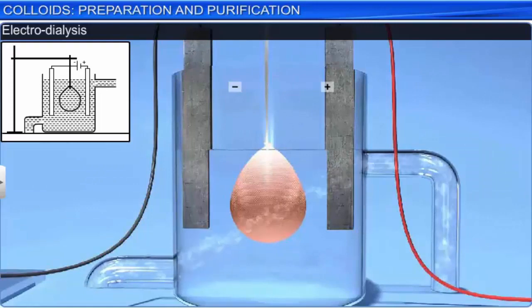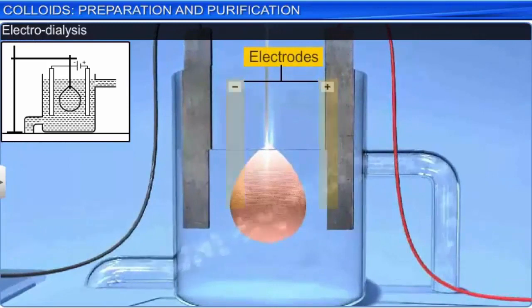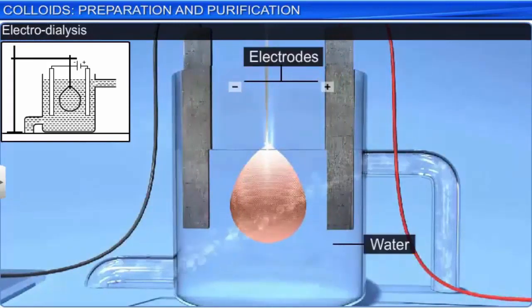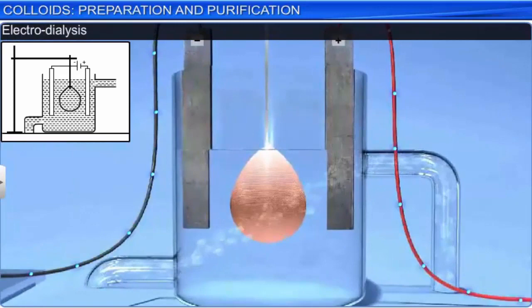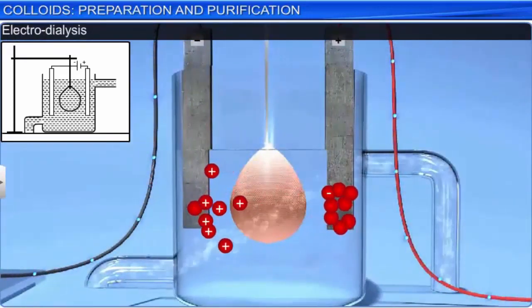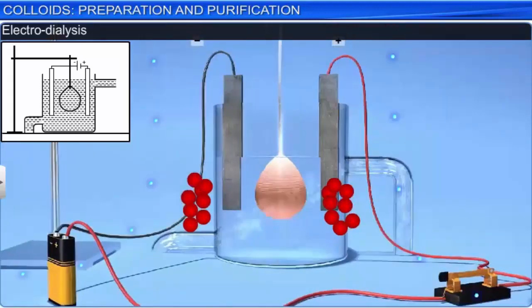In this process, 2 electrodes are placed in the water compartment as shown here. When an electric field is applied across the electrodes, the ions of the electrolyte present as the impurity diffuse towards the oppositely charged electrodes at a faster rate.